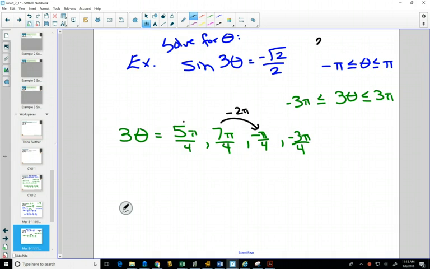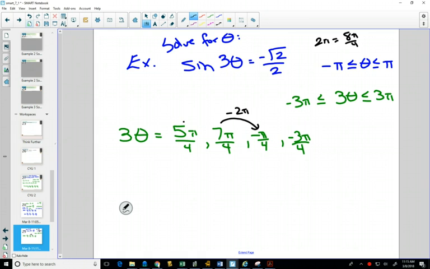And 2 pi is the same as 8 pi over 4. So I'd have to subtract 8 pi over 4. 7 pi over 4, subtract 8 pi over 4, gives me negative pi over 4. 5 pi over 4, subtract 8 pi over 4, gives me negative 3 pi over 4. And that's solving once in the negative direction, from 0 to negative 2 pi.